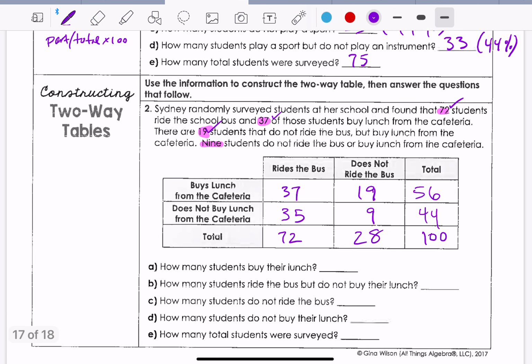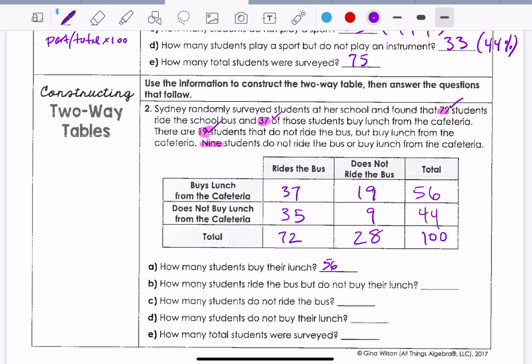So the first one, how many students buy their lunch? Okay, so buys their lunch from the cafeteria. It looks like, I don't care if they ride the bus or don't ride the bus, the total number of students that buy their lunch, I've got 56 students here. So it's going to be 56. But what's the percentage?